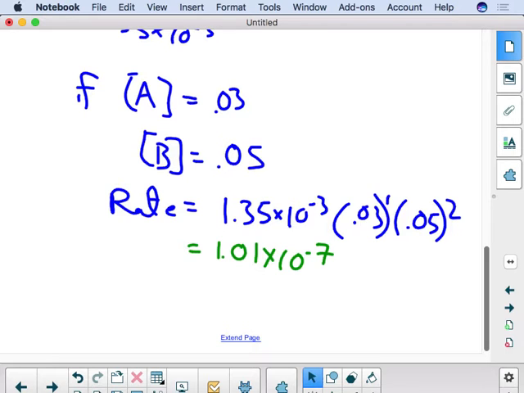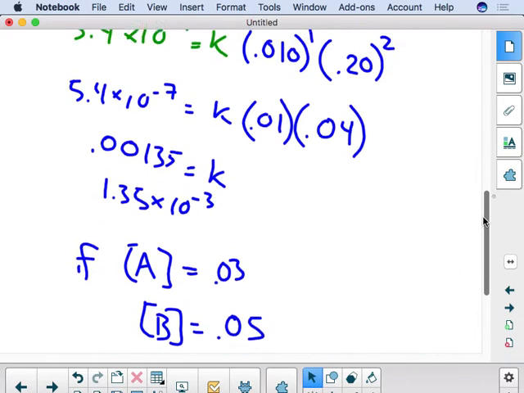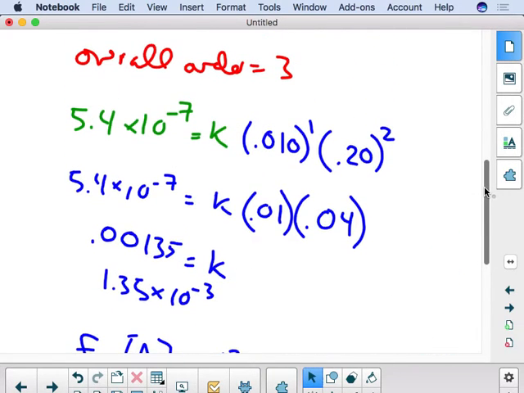Okay. What's one? Two equals one. No, that's y equals one. 2 to the 0 equals 1. So y equals 0.